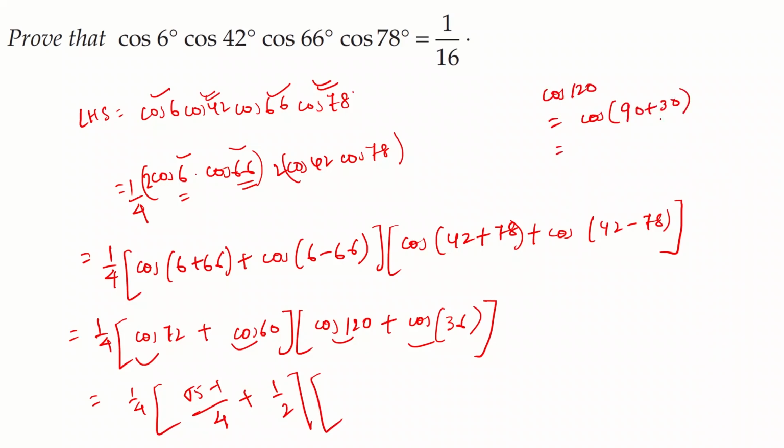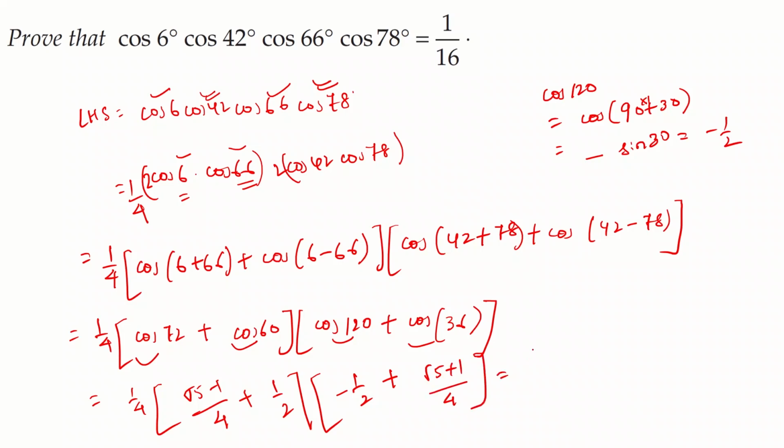So 90 plus 30 goes in the second quadrant. In the second quadrant, cos is negative, so minus. Then 90 is nothing but 90 times 1, so cos will change into sin 30. So it is minus half. So cos 120 is minus half, plus cos 36 is (root 5 plus 1) by 4.